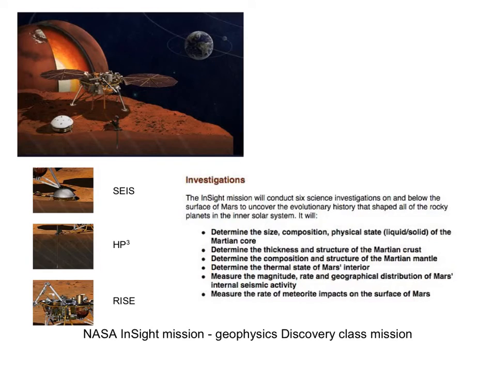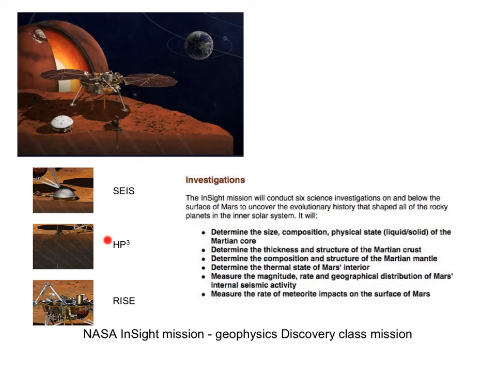Really determine the thickness and structure of the Martian crust, the composition of the mantle, how much heat is coming out, what does that tell us about the interior state of Mars, measure seismic activity, and measure the rate of impacts of meteorites. So 3 main instruments, basically the seismograph to measure earthquakes and impacts and other similar seismic activity.